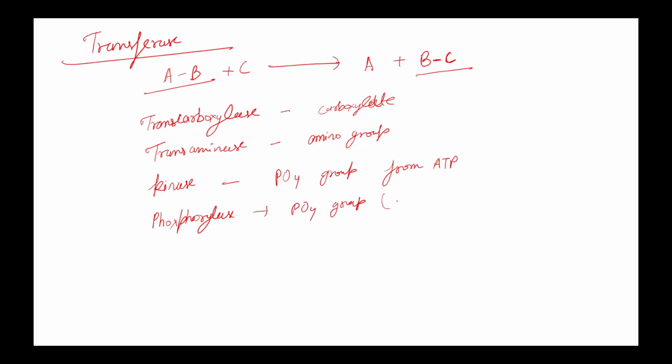They do not use ATP for the transfer of the phosphate group. These are some examples of transferases in the basic scheme. For kinases, we have hexokinase, and similarly all the other enzymes transfer groups. Next comes the EC3 Enzyme Commission third major class, which is hydrolases.